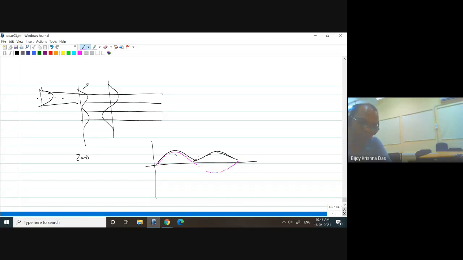So both are excited. If I superimpose these, this part is 0. So at the beginning, it is clear that though you are exciting both the modes, the energy in the second waveguide is 0, because this is plus and this is minus. They will be cancelling each other. In the total intensity, the second waveguide is 0.